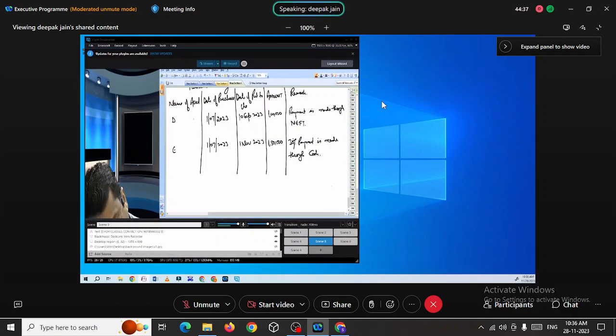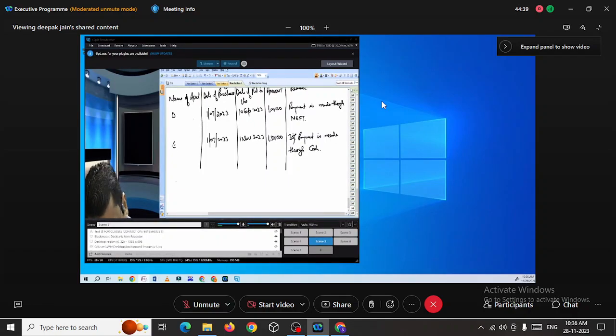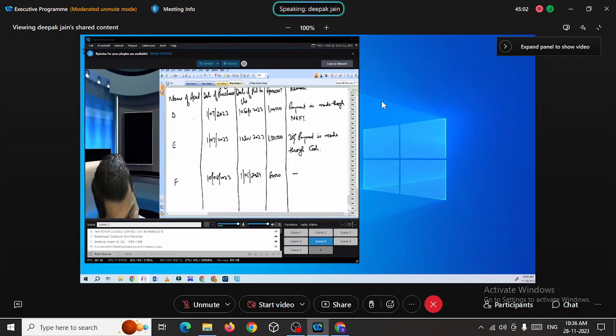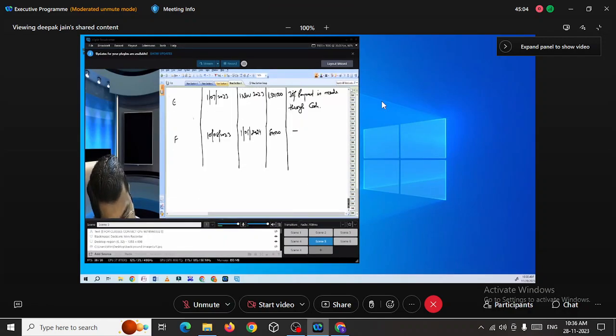Next asset, date of purchase 10th August 2023, put to use on 1st January 2024, purchase price 80,000. No remark is given. Question is silent.